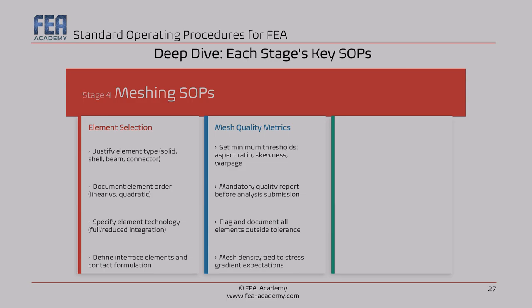The critical discipline: before any analysis job is submitted, a mesh quality report must be generated, okay? Reviewed and archived. Not checked mentally: generated, reviewed, archived. This creates an auditable record that the quality check was performed.